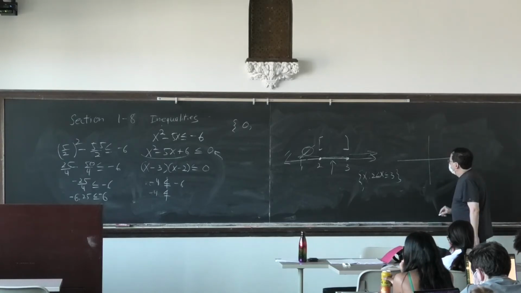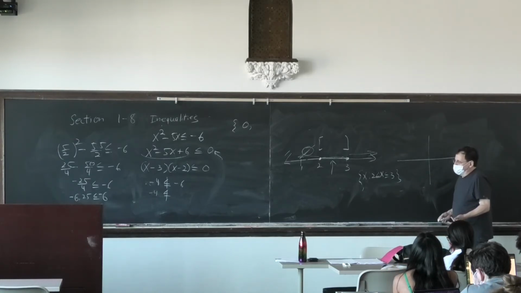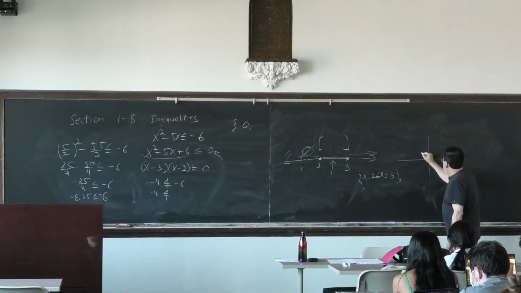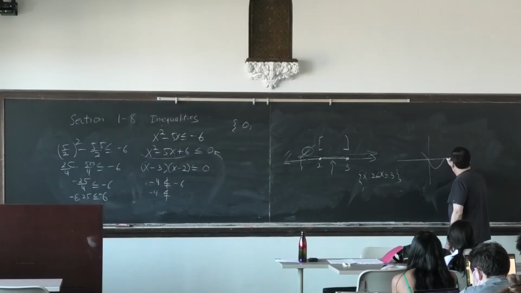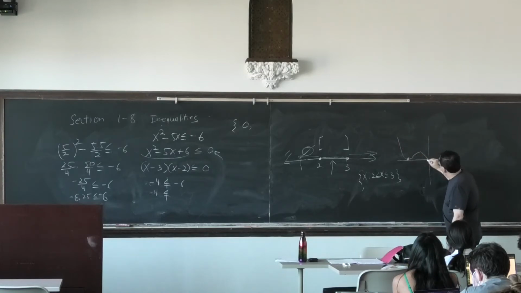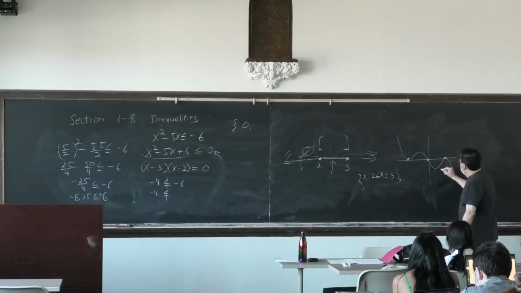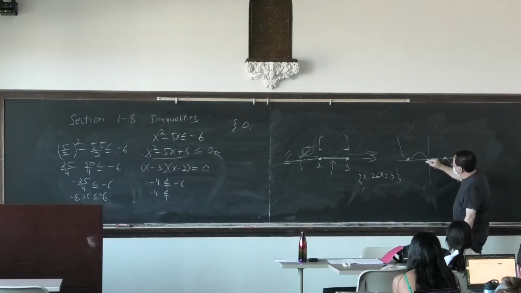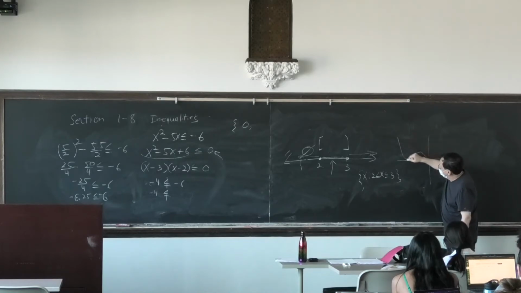So, for example, I might have a slightly more complicated function, not a quadratic, that could look like this. It has zeros in 3 places. But you see here, we reach 0, but we don't change sign. Here we do, and again, here we reach 0, but we don't change sign.